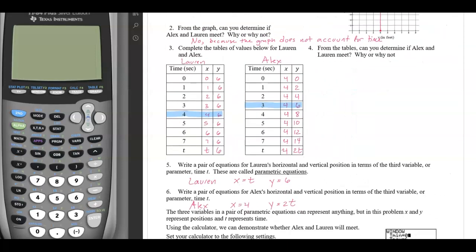So no, they do not meet on stage, because they pass through the same coordinate at different times.